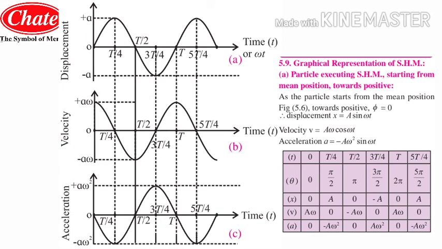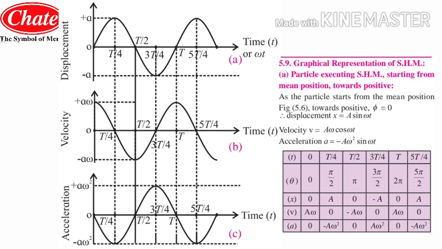So the graph will be starting from the origin, from 0. As you put the second value, that is pi by 2, you will get minus a omega square. Hence the second value will be minus a omega square, meaning at the negative extreme point.